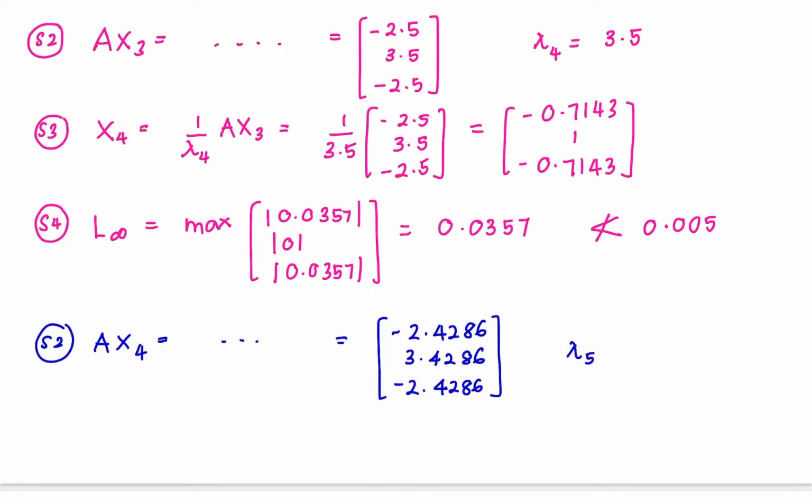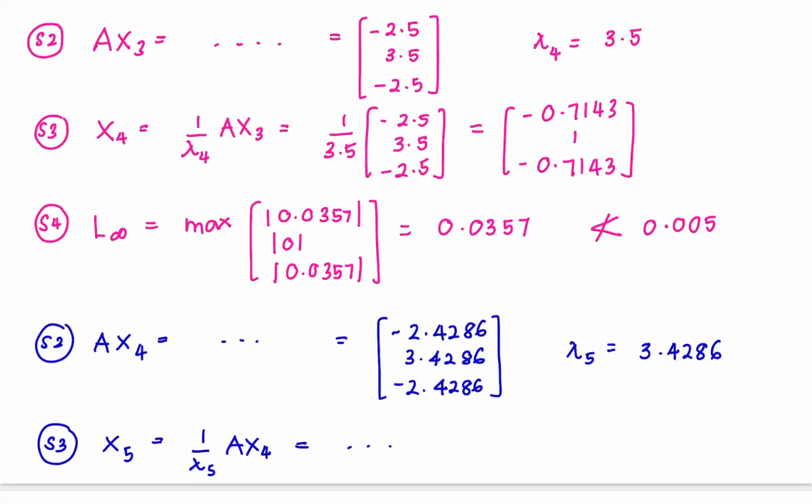Okay, so what is going to be our lambda 5 here? That's the entry with the highest absolute value, so 3.4286. Okay, so next, our step 3, we find x5. So that's 1 over lambda 5 ax4.